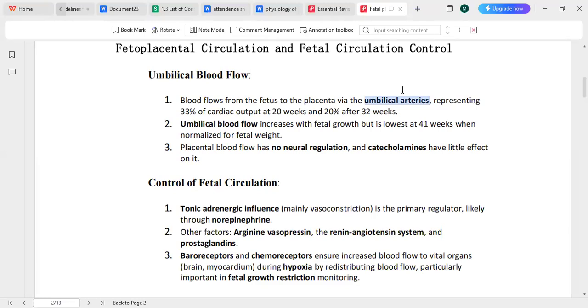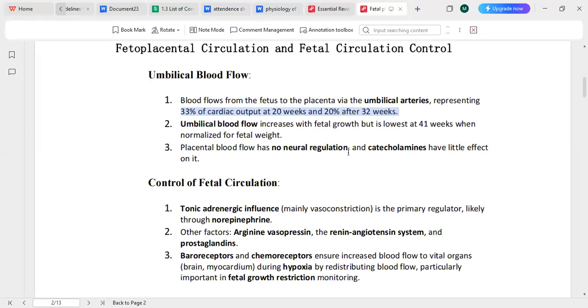It's a very simple point, but if you don't recall it frequently, you can make a mistake while solving a question. They give you an approximate percentage: the umbilical arteries get 33% of cardiac output at 20 weeks and 20% after 32 weeks.